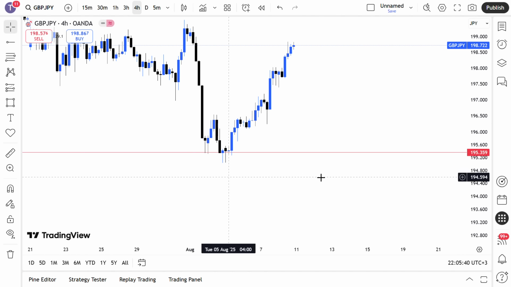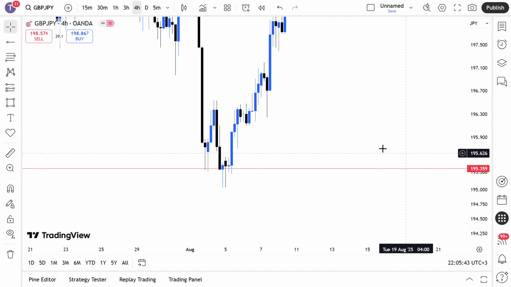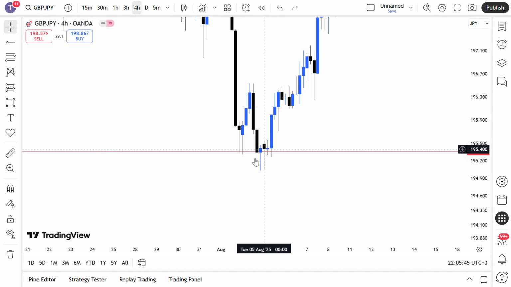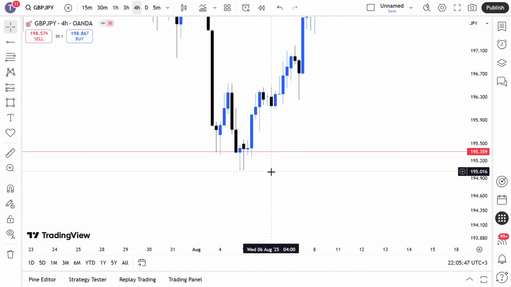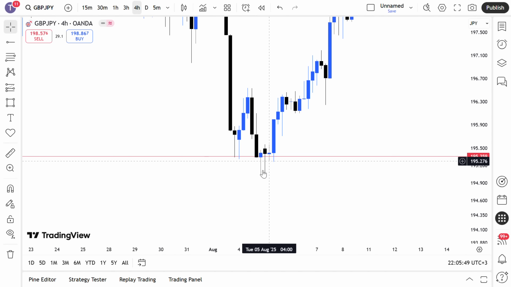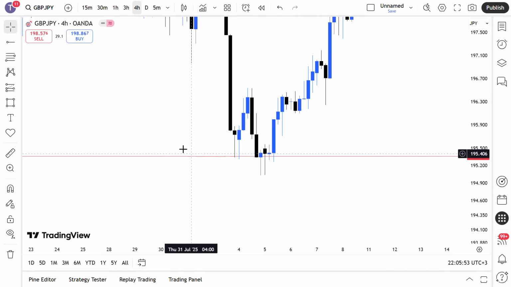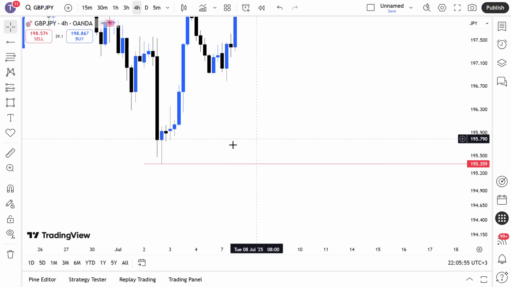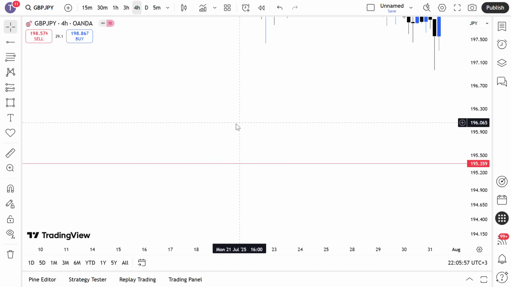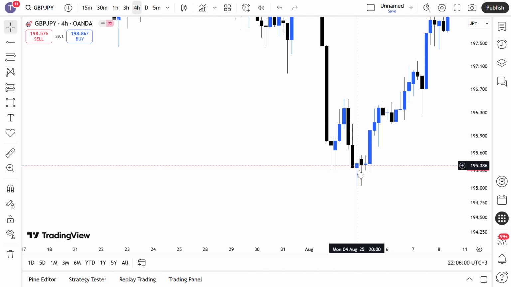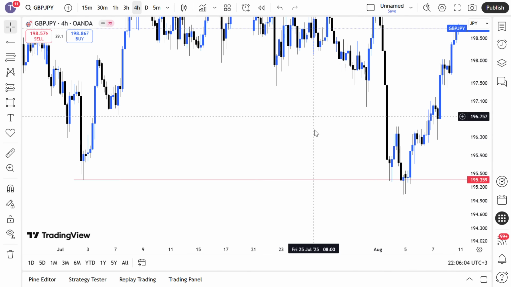Down here, if I zoom into the 4-hour time frame, we have a clear change of character. We have this candle and this candle closing below the line. You can see very clearly this is the line that I have drawn. We can see that the market closed below that line.